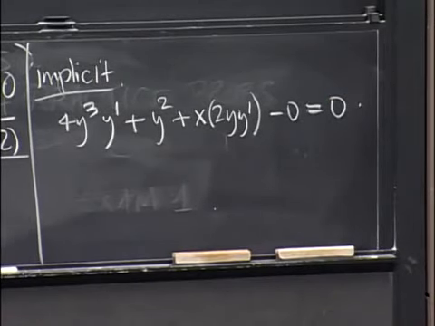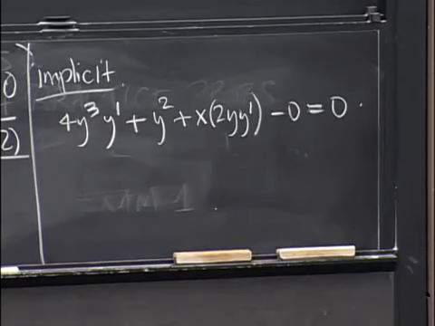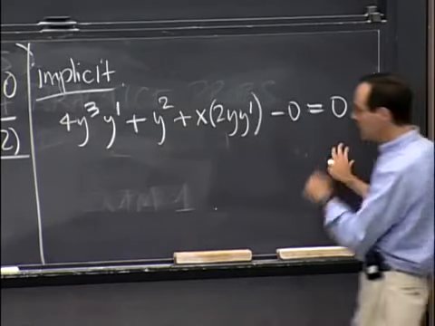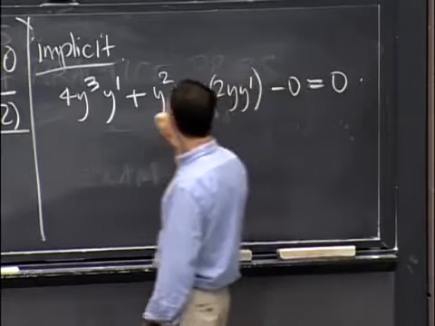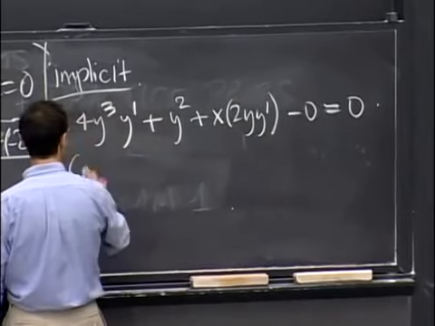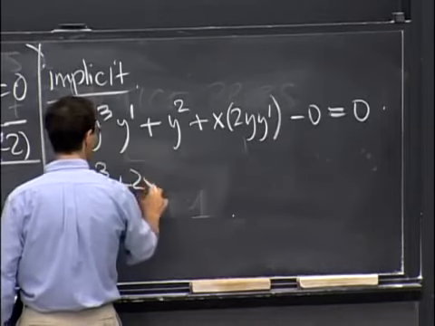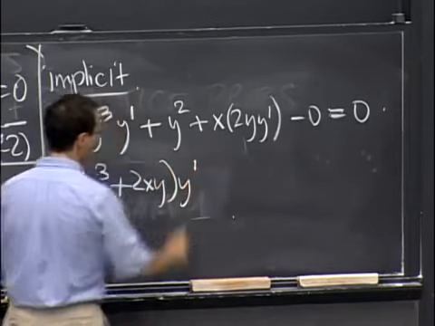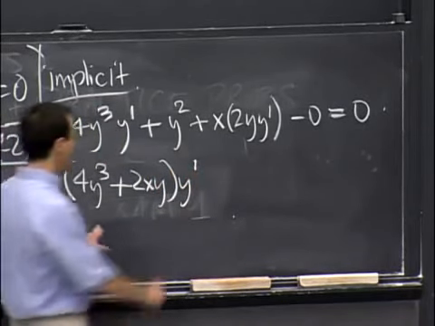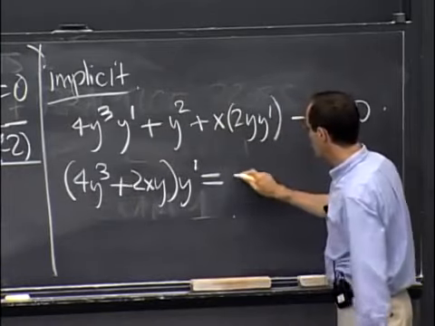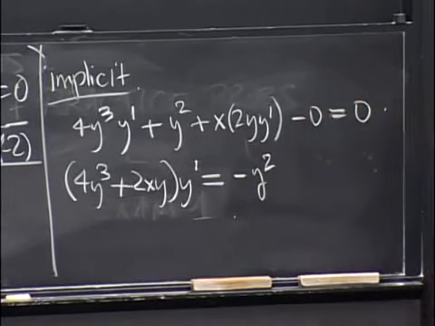All right, so there's the implicit differentiation step. And now I just want to solve for y prime. So I'm going to factor out 4y cubed plus 2xy. That's the factor on y prime. And I'm going to put the y squared on the other side, minus y squared over here.